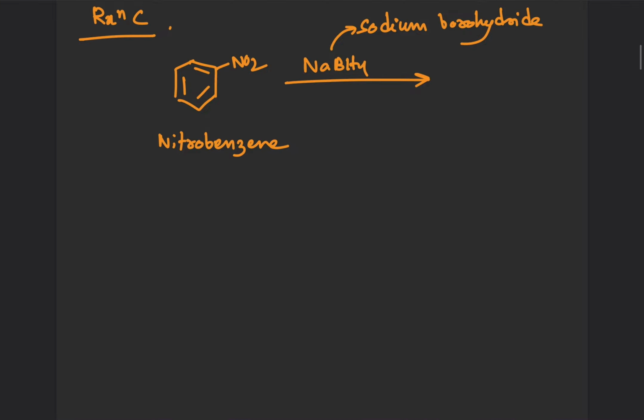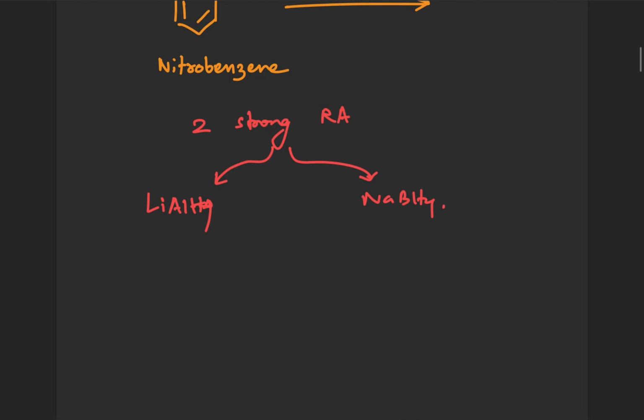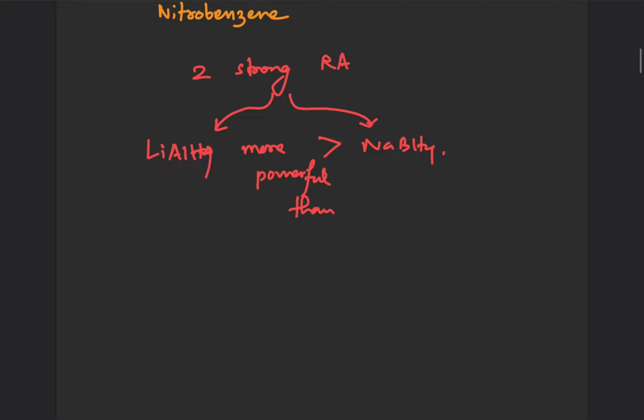There are two famous, or strong, reducing agents, LiAlH4 and NaBH4. One thing we should know is that LiAlH4 is much more powerful than NaBH4.